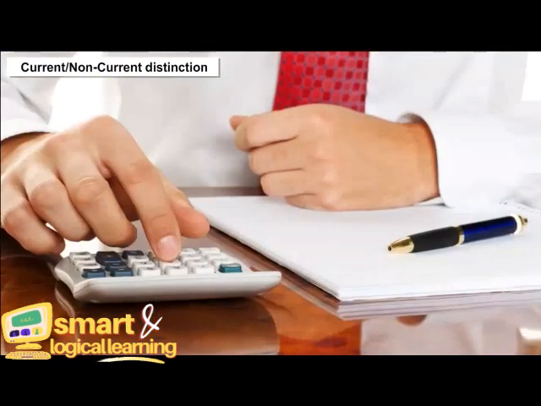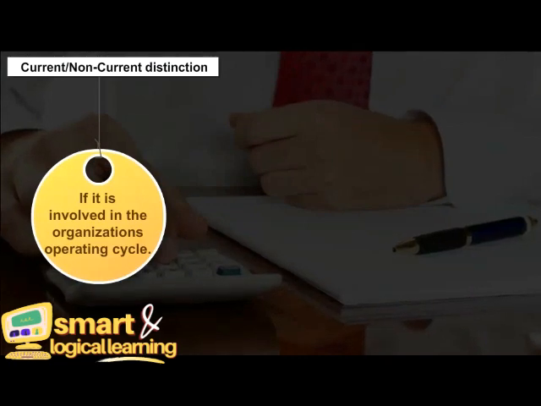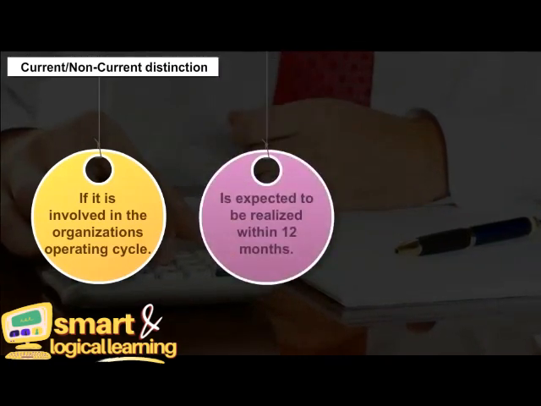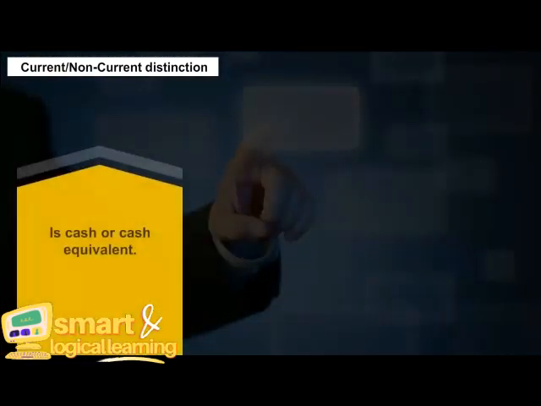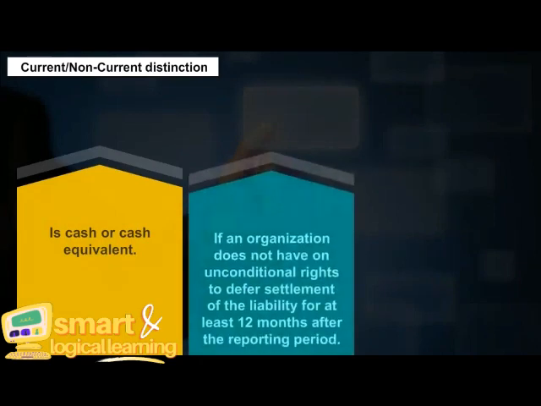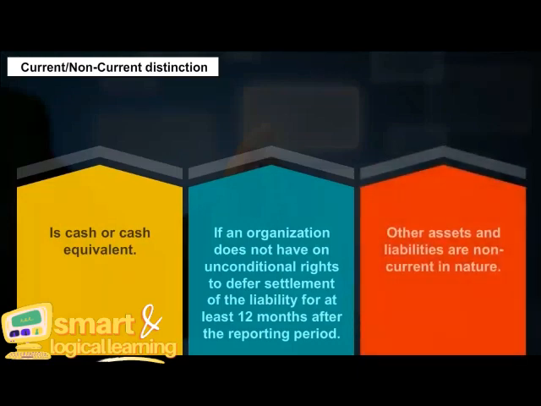An item is current if it is involved in the organization's operating cycle, is expected to be realized within 12 months, is held for trading, or is cash or cash equivalent. If an organization does not have unconditional rights to defer settlement of the liability for at least 12 months after the reporting period, other assets and liabilities are non-current in nature.